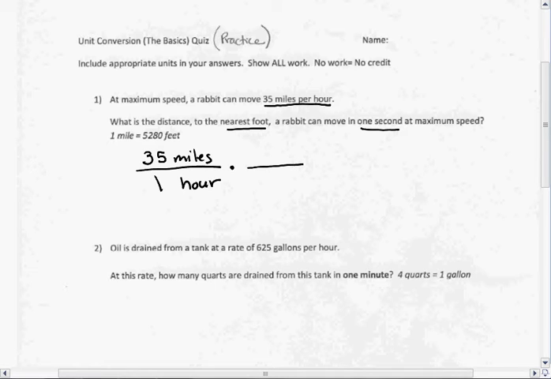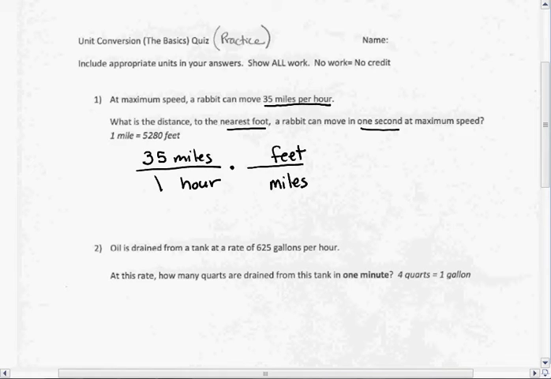Since I'm going to be changing miles, I want the miles unit to cancel out. I'm going to write miles on the bottom of my conversion ratio, and I'm going to replace it with feet. So I'm going to write feet on the top. Doing this allows me to eventually cancel out my miles.